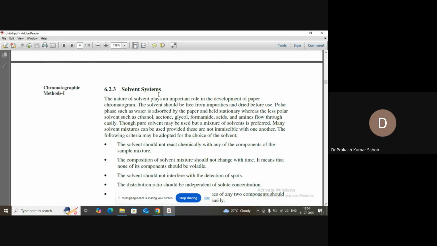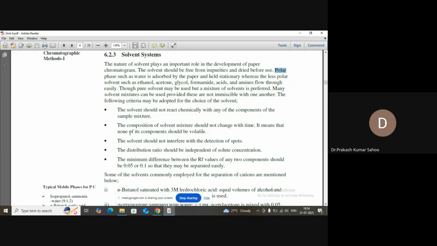Then we have the mobile phase, the solvent system. In this mobile phase, we have two types of solvents, that is polar and non-polar. If it is less polar, then solvents like ethanol, acetone, glycol, formamide, acids and amines can be used. For polar solvent, we may use water, which acts as the polar solvent.